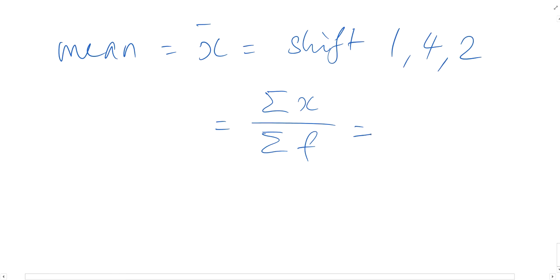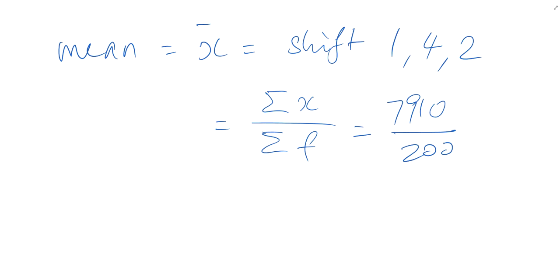So practice now, how do you find summation f? Summation x. Shift 1, 3, 2. Okay, divided by 200. So 7910 divided by 200. We get the same, 39.55.